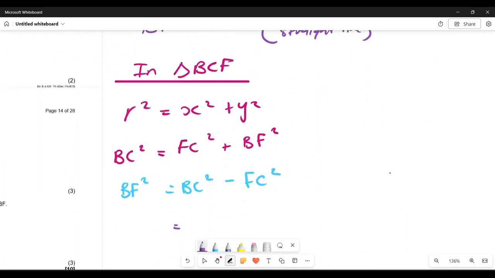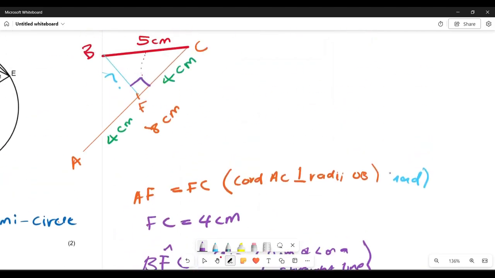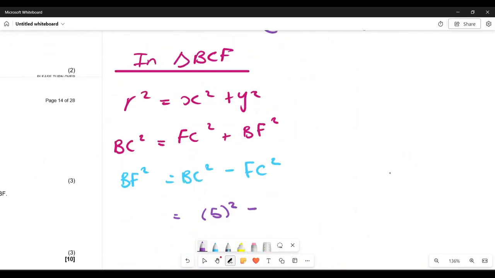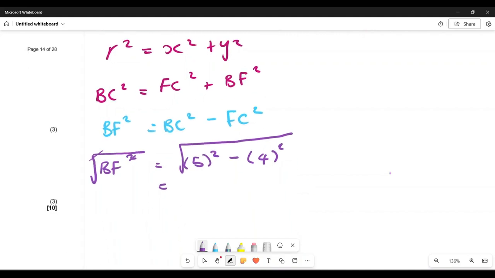So this would be 5 squared minus FC, which is 4 squared, and this is equal to BF squared. Because we're looking for BF, to get rid of the squared, we need to square root both sides. Punching this into your calculator, you should get the actual length of BF. Doing so, my BF will be equal to 3 units.